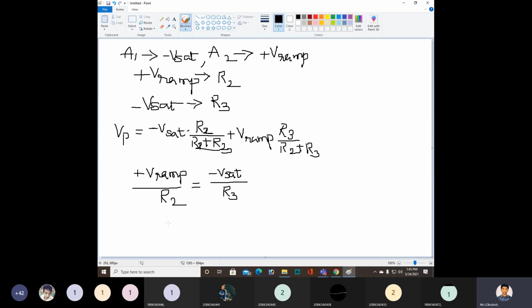So plus V ramp is equal to minus R2 by R3 into minus V saturation.